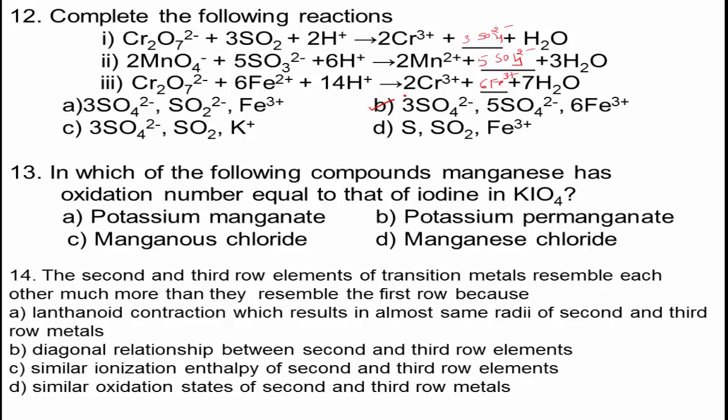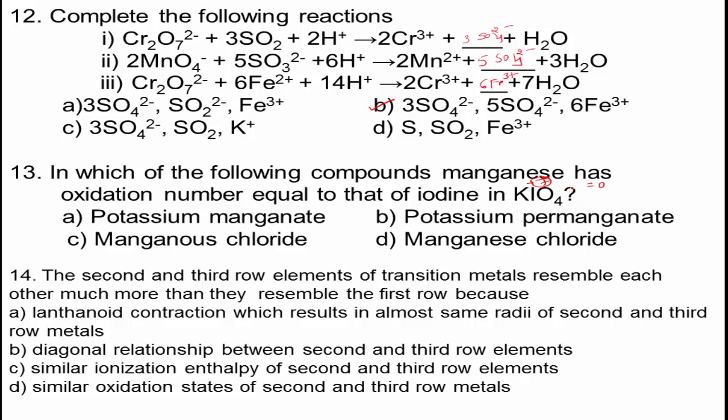First, see here, in KIO4, the oxidation state of iodine is plus 7, because 4 into oxygen minus 2 is minus 8, and alkali metals have oxidation number plus 1. Therefore, when the sum is equal to 0, the oxidation number of iodine is plus 7.